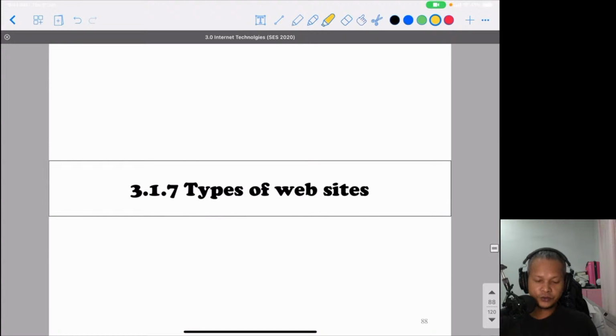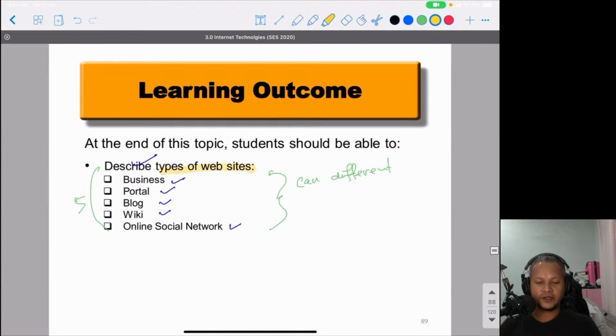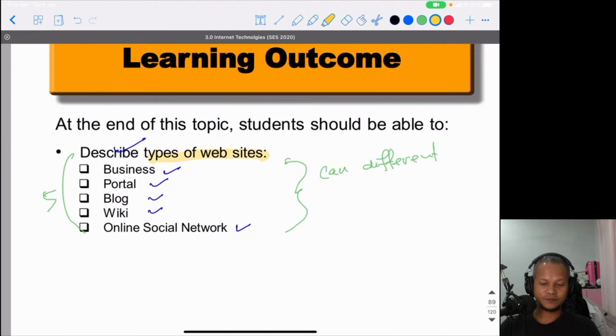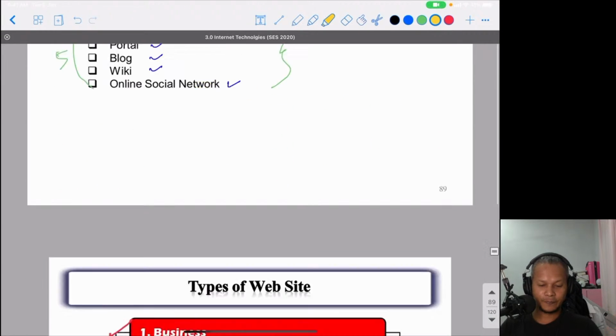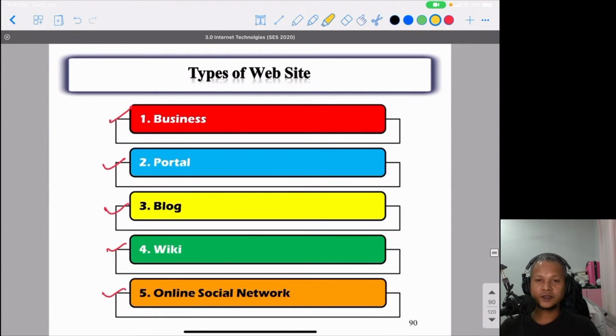And then we go to types of website. Very easy. I think you already did your blog, since you built the website for yourself, your personal one. So hopefully you can understand the types of website.